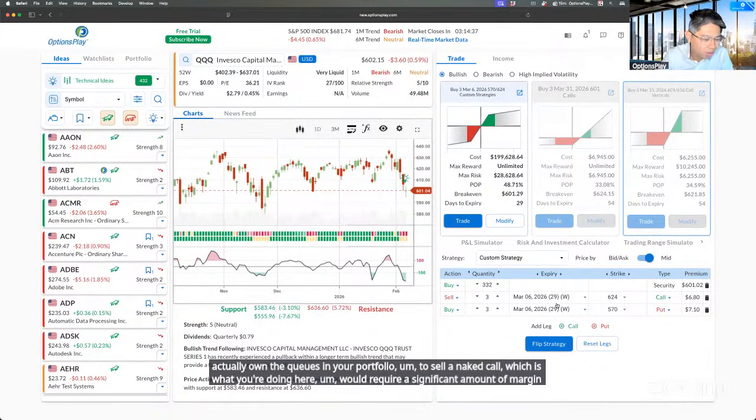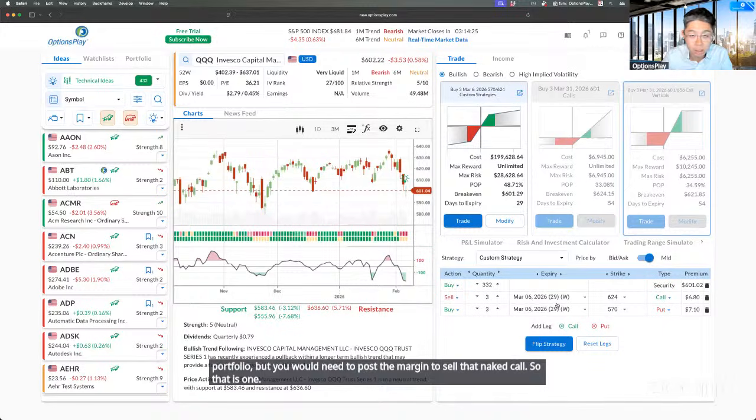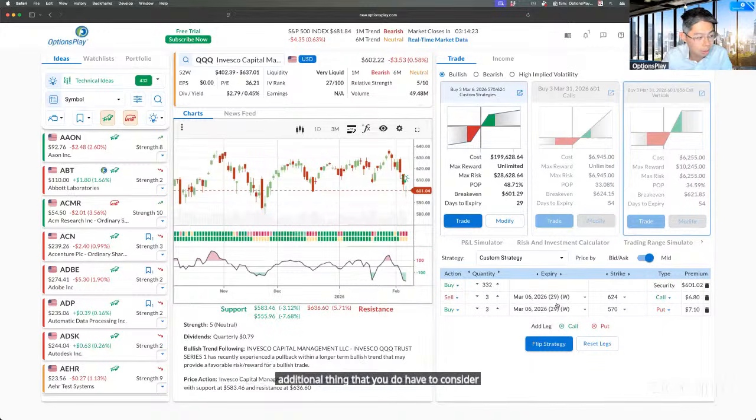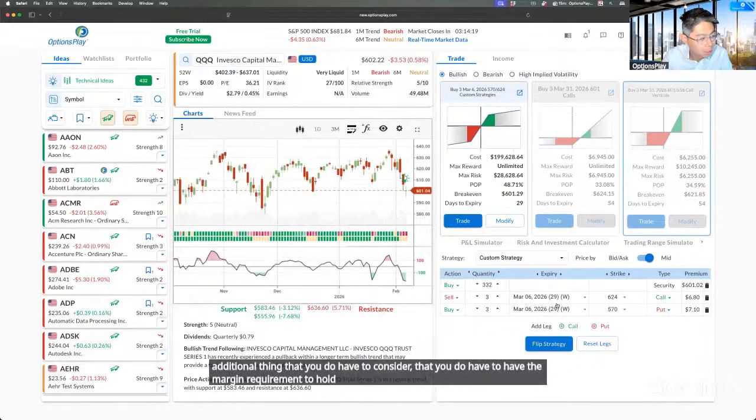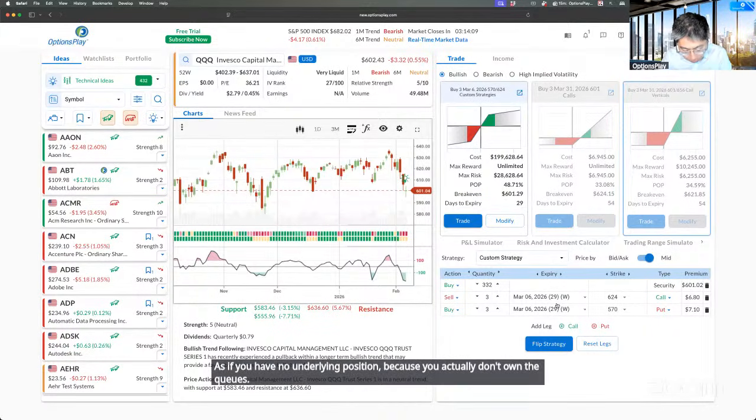You don't have the same risks as a naked call because you actually own the underlying portfolio, but you would need to post the margin to sell that naked call. So that is one additional thing that you do have to consider: you have to have the margin requirement to hold a naked call. Even though you don't have the same risks as a naked call, you will have to hold the margin as if you have no underlying position because you actually don't own the QQQs. So that's one way to do it.